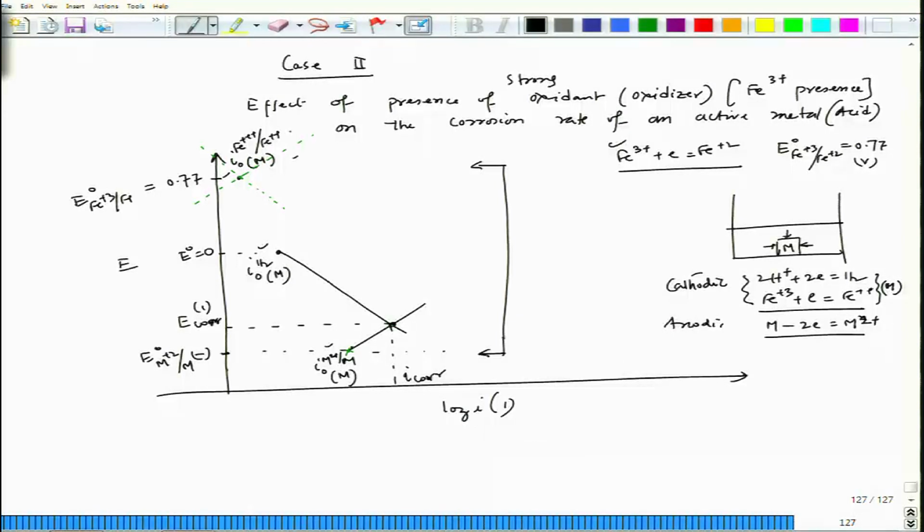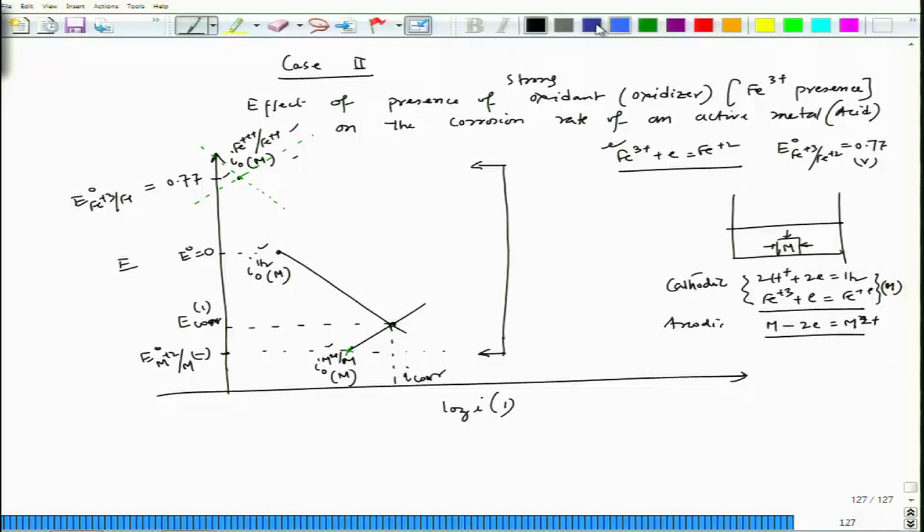Now, once we have this presence of Fe+3, it is a strong oxidant. That means it will have a very high tendency to get reduced, and there would be strong cathodic polarization because it is a very strong cathodic reaction.